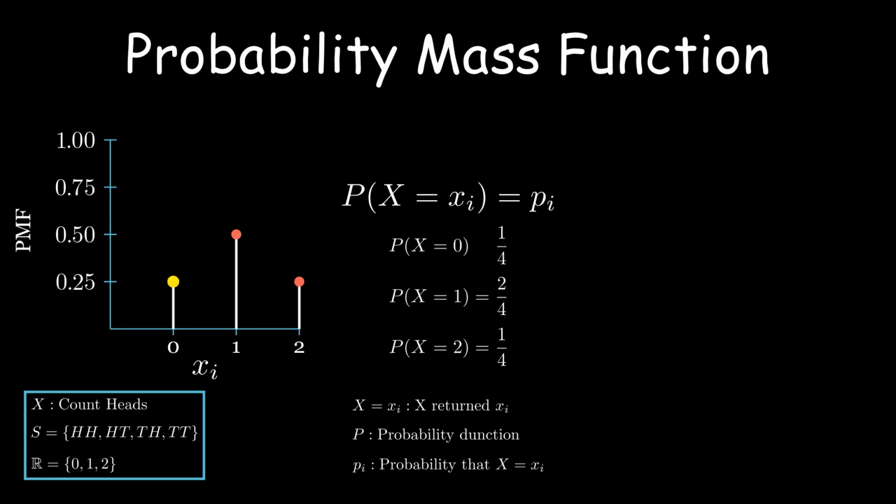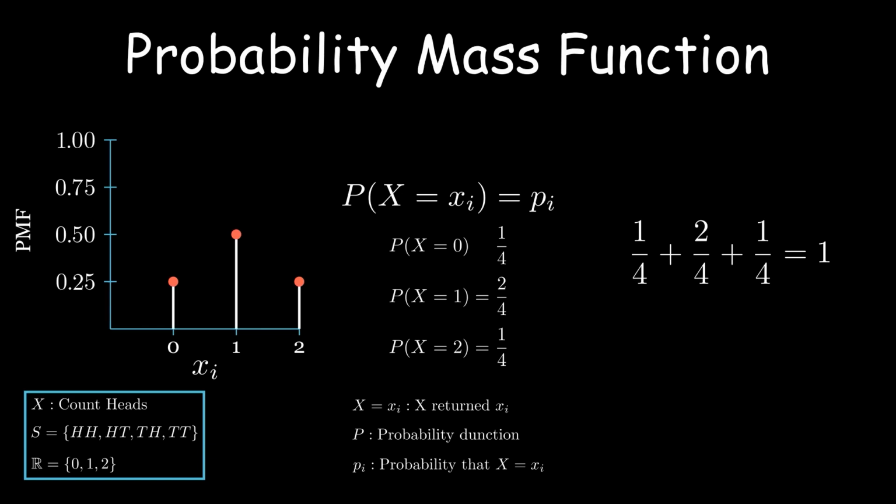Each dot on the graph represents the probability that the random variable X is equal to a certain value. Since each dot represents a probability, the sum of all the probabilities must be equal to 1. After plugging in the probability values, we found that this is indeed the case for our example.